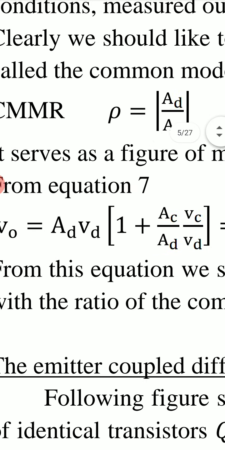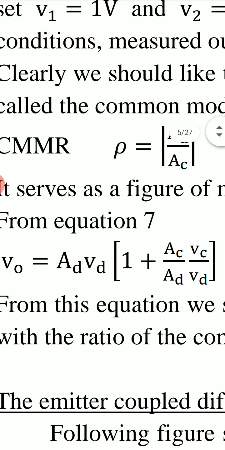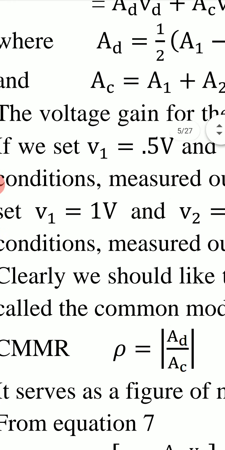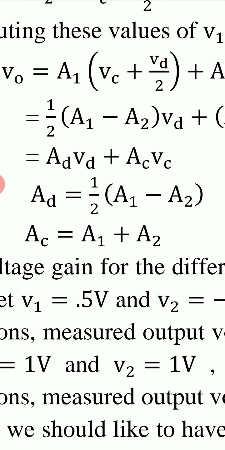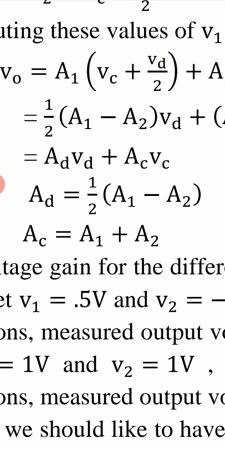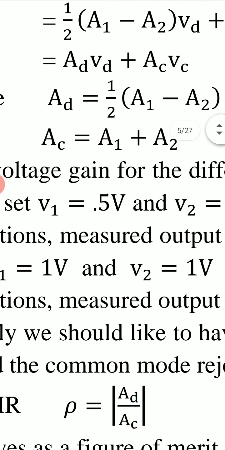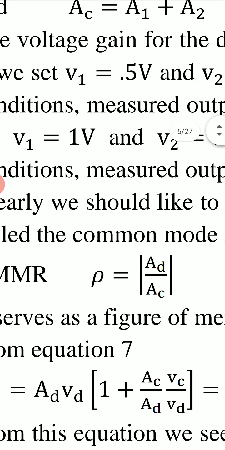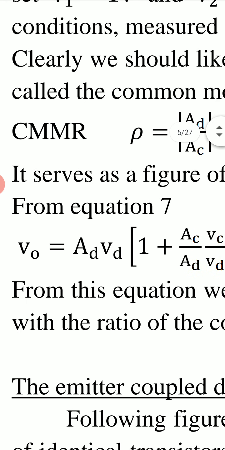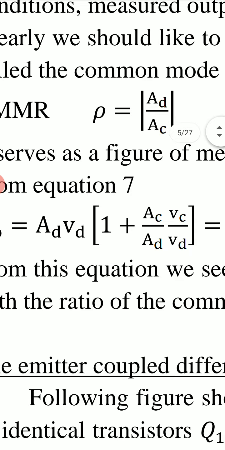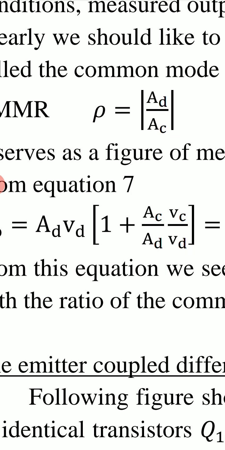From equation 7, VO equal to AD VD plus AC VC. In this equation, in right hand side, if we take AD VD as common, then we have expression for output voltage VO as VO equal to AD VD into 1 plus AC VC upon AD VD.